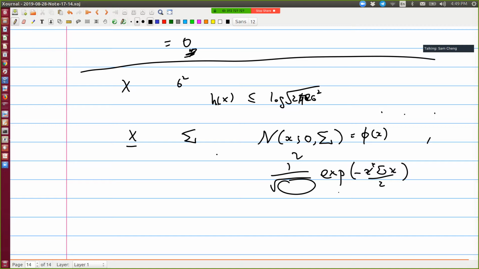But it doesn't matter; at this moment I don't want to spell this out, so I just shorthand it like this.